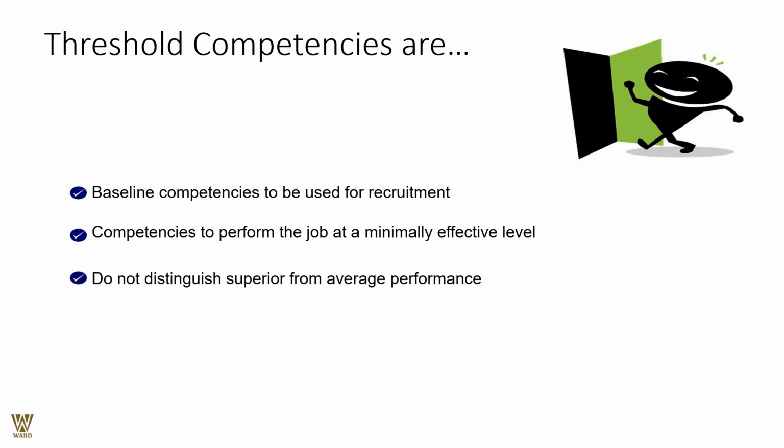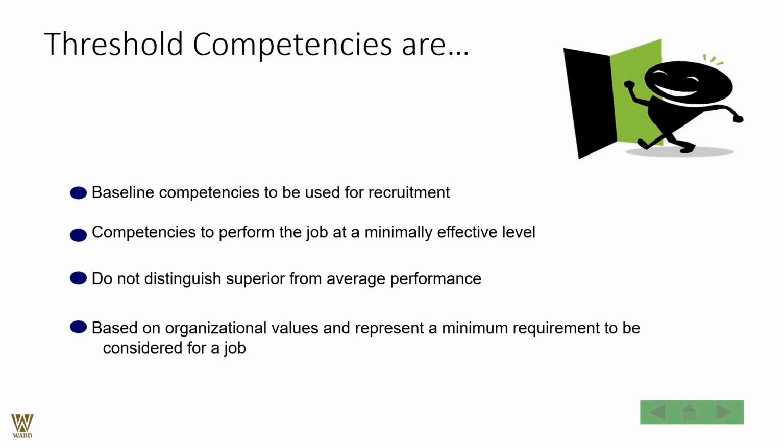They are the competencies to perform a job at a minimal effective level, and they often do not, I repeat, do not distinguish between a superior or an average performer. They just state the minimum, and they are in silos. The average performers are in silos, the superior performers are in silos, and so are the quality and quantity of work around it.